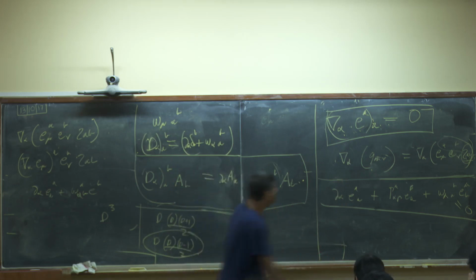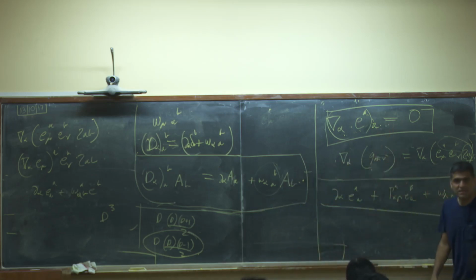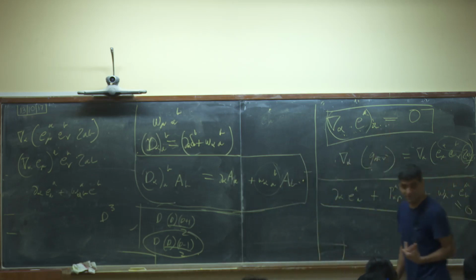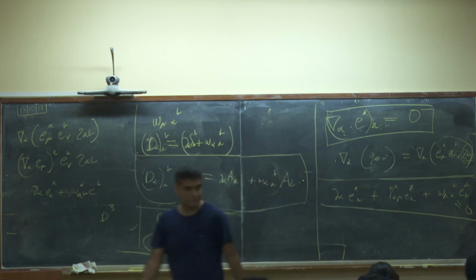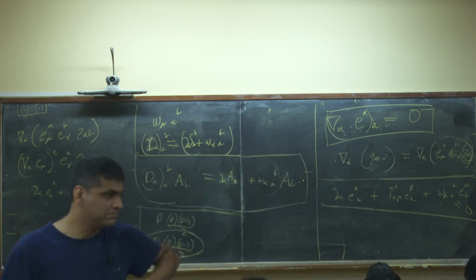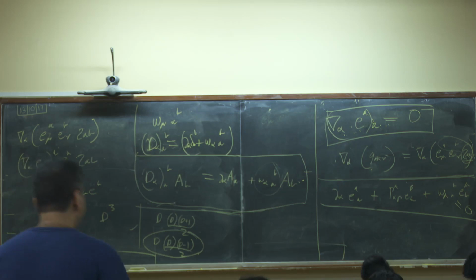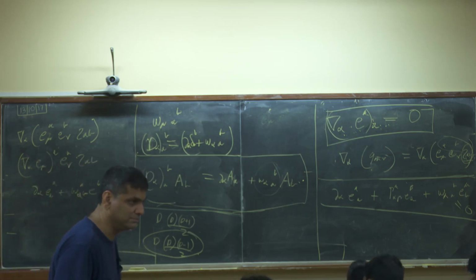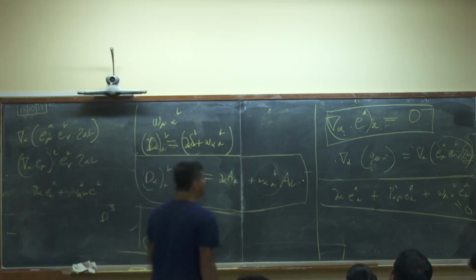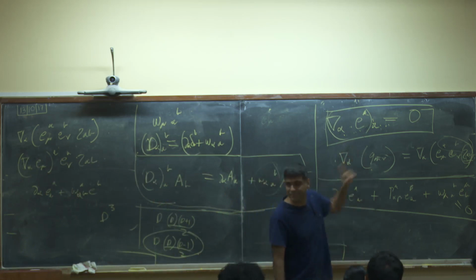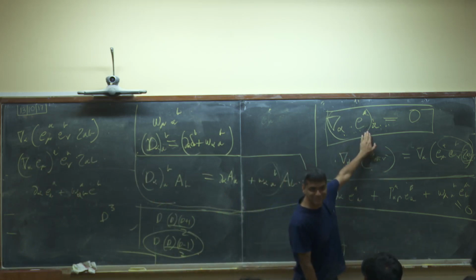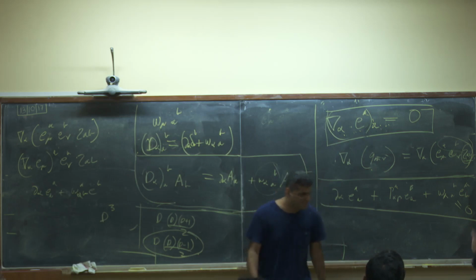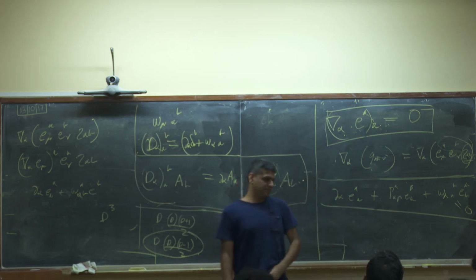So this is the key equation. This equation determines the spin connection. But this is what we mean by metric compatible. Now, physics will sometimes force us, as we will see, to change this condition. The 64 conditions will determine the 64 Christoffel symbols and the spin connections.